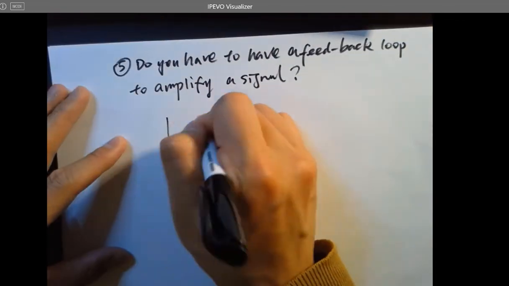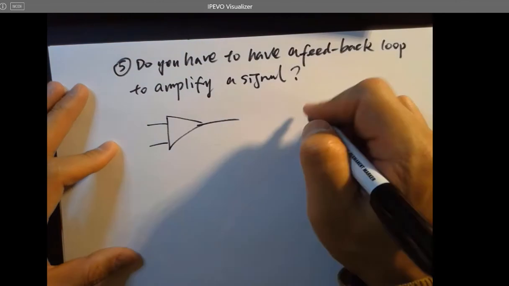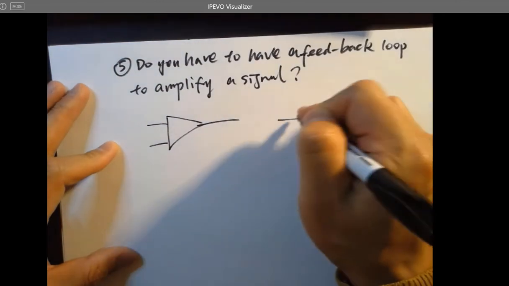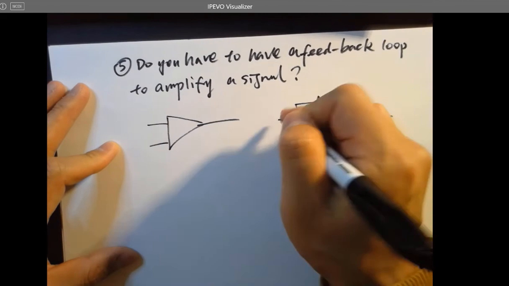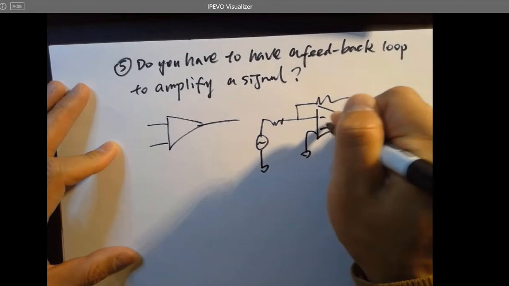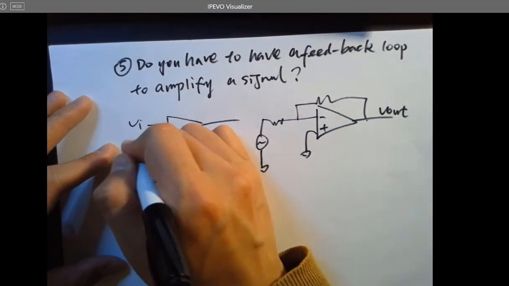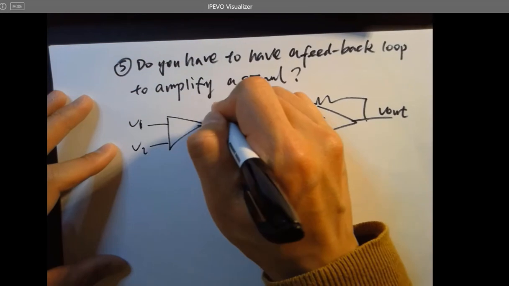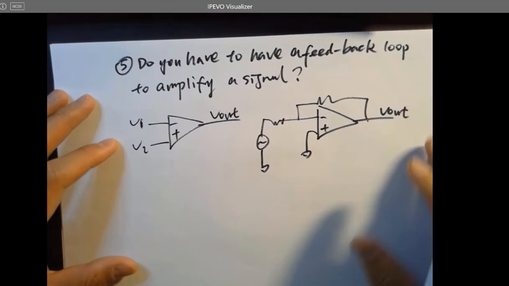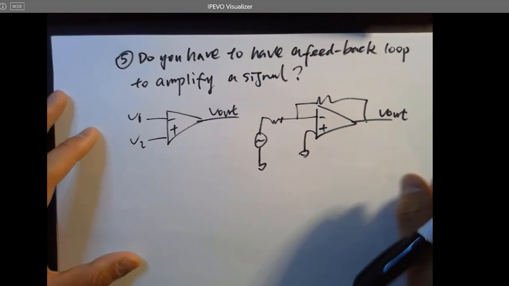For example, I have an open loop configuration, in, out, right? And I have a resistor feeding back something. So this is V1, V2 here, VL. Do you have to do it like this to amplify a signal? So the answer is no.